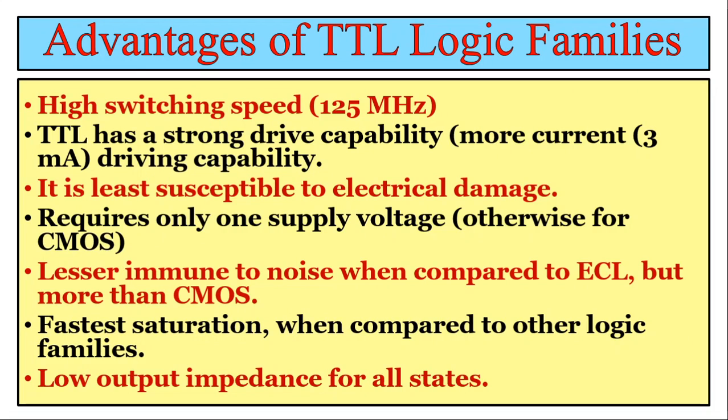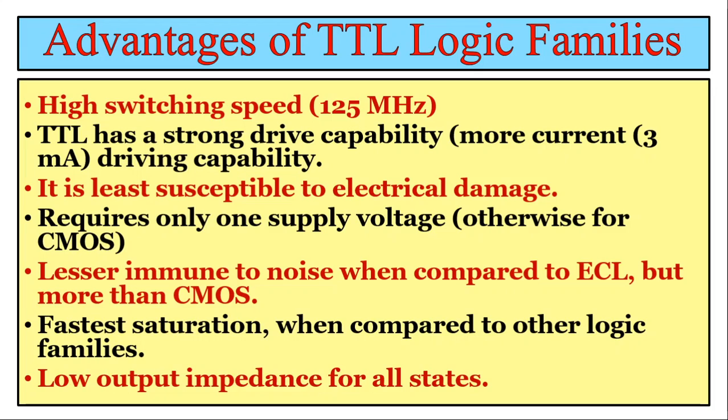Now the advantages of TTL logic families. The first important advantage is high switching speed, that is near about 125 MHz. TTL has a strong drive capability, that is more current, up to 3 milliampere driving capability. It is least susceptible to electrical damage.